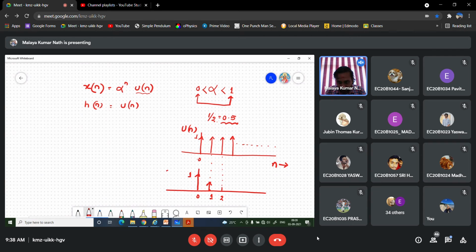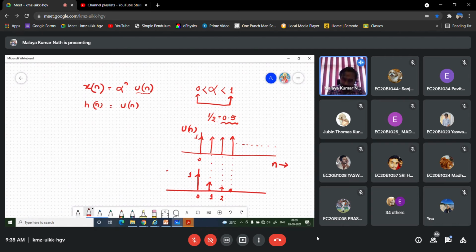Again it is reduced. When n equal to 3, it is 0.5 into 0.5 into 0.5, which is 0.125. So the signal is gradually reduced.